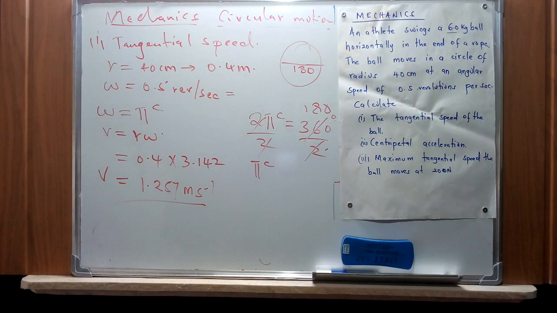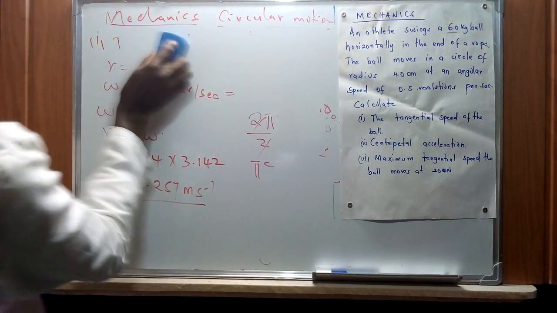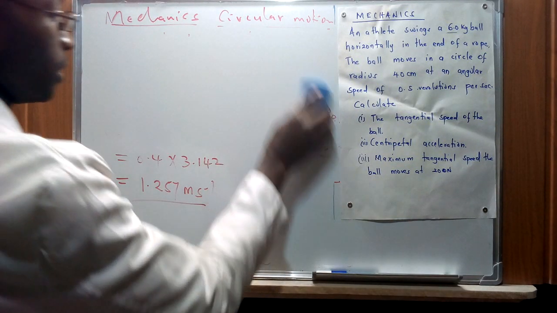So that's the tangential speed of the ball at that particular point. And then we are going to look at centripetal acceleration, that is Roman 2. I hope we have understood that one.